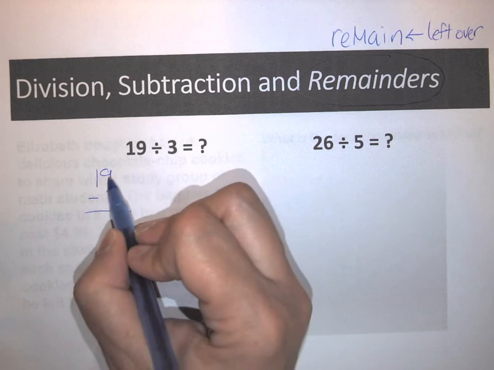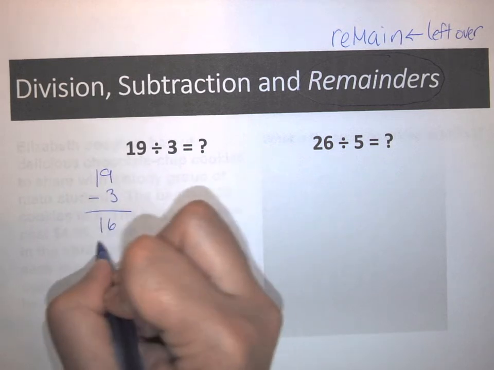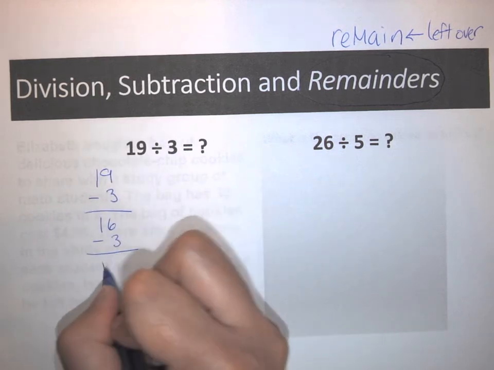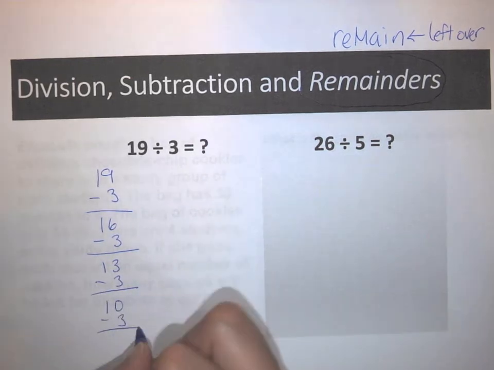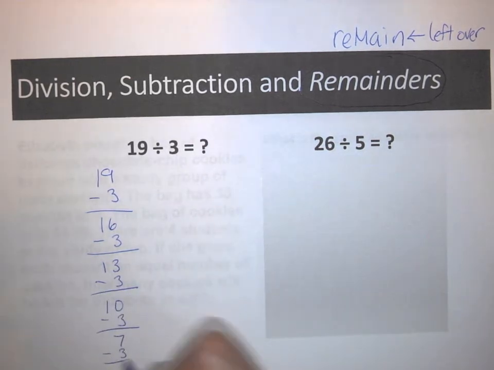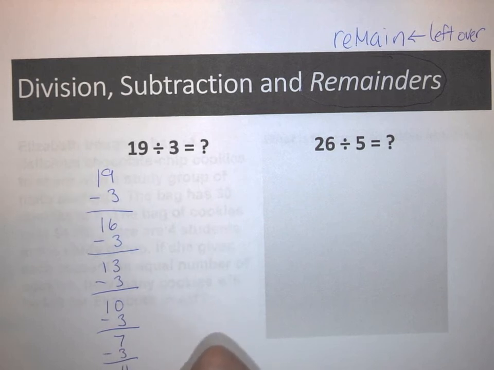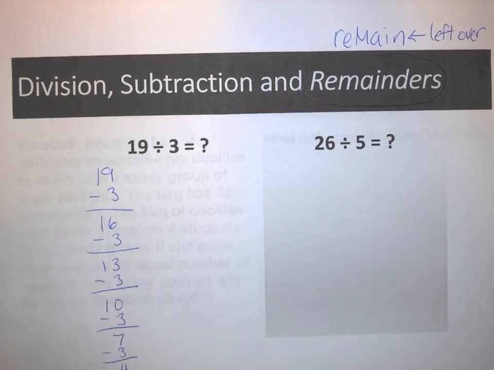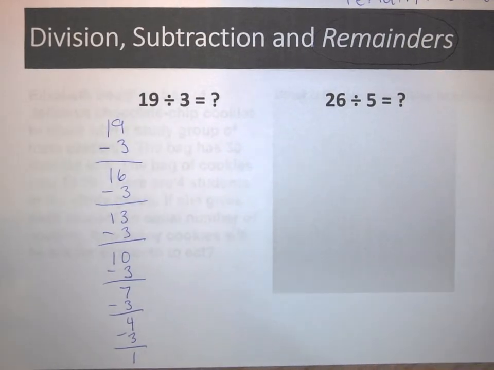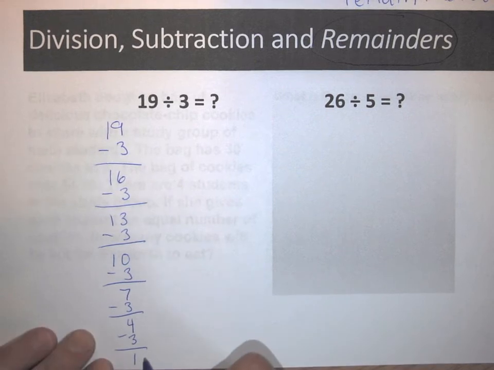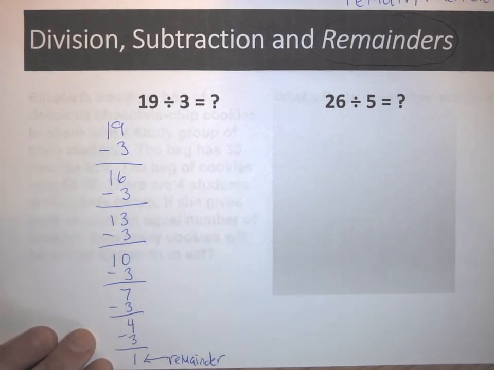So let's see, 19 minus 3, that's going to give me 16. I'll do it again, that'll give me 13, then 10, 7, 4, 1. And when I get to this point, I can't subtract 3 another time, which means I have a remainder. Just something that was left over.